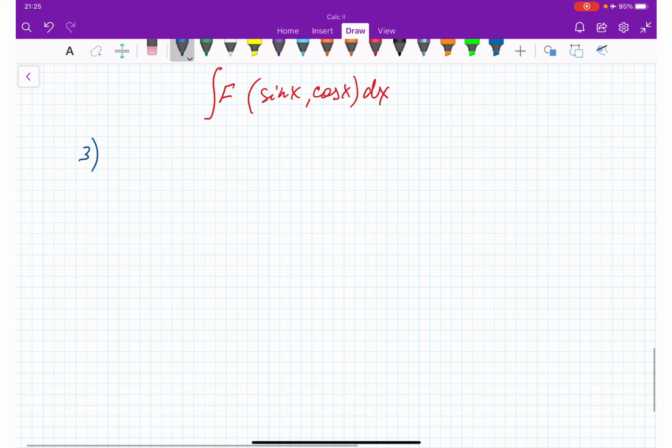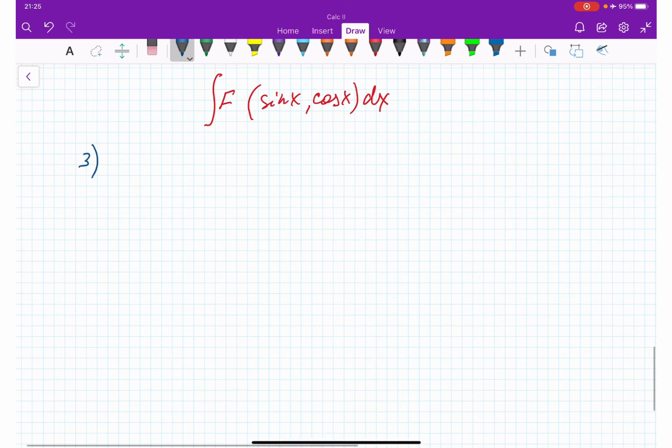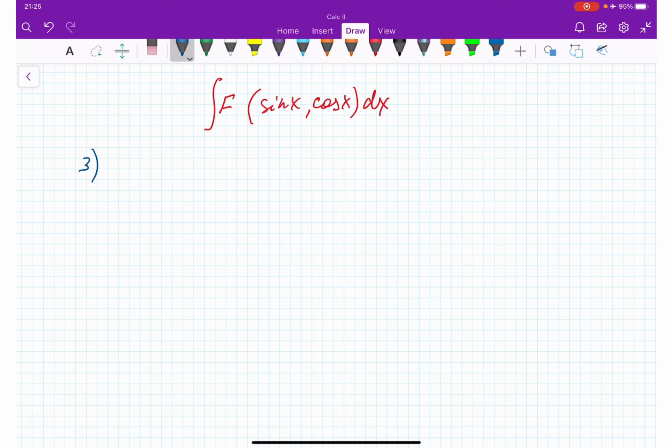Problem number 3. Now, for the problems like this, where sine and cosine are involved, I'm going to solve the type of dx over sine x plus cosine x. So for the function that involves sine x and cosine x, we usually do the substitution as tangent half of x.